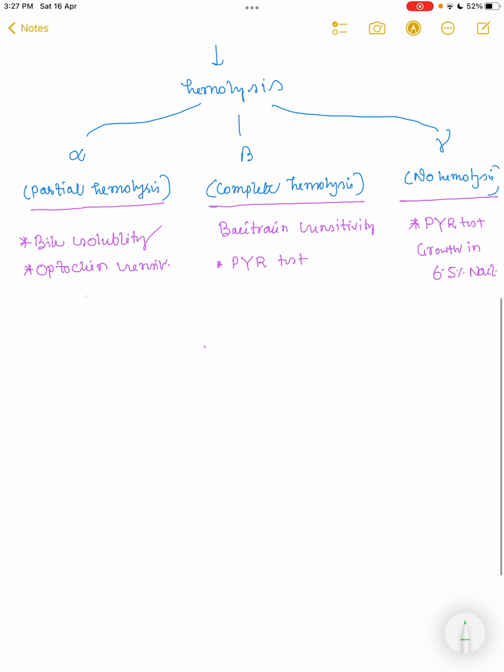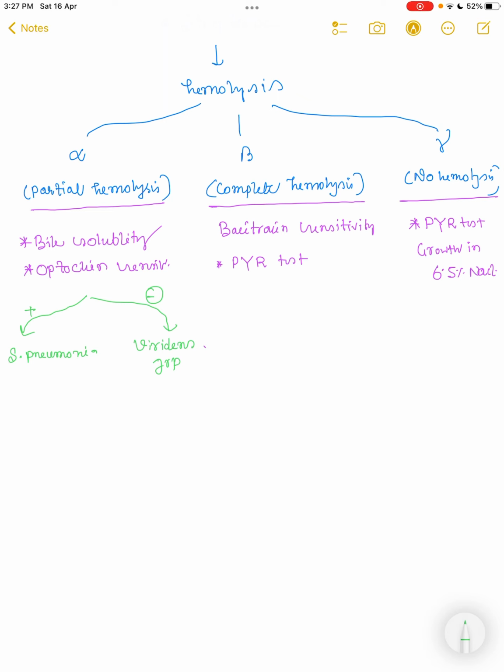And if it comes as positive, I think you know it is Streptococcus pneumoniae, and if it comes as negative, then it is the viridans group.